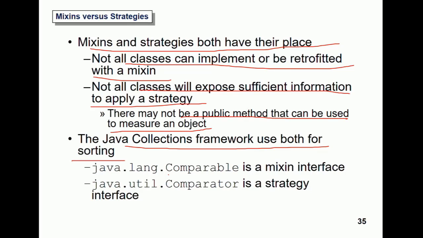If you own the objects and you have full control of them, then it makes sense to use the comparable interface, which is a Mixin interface. You simply say my class implements comparable, and you implement whatever method is required. But if you don't control the objects, then the API provides you with an interface to use the strategy design pattern. So there's a comparator.